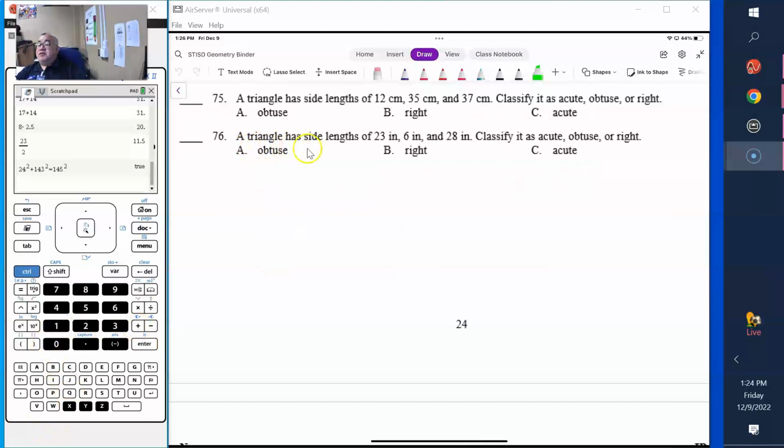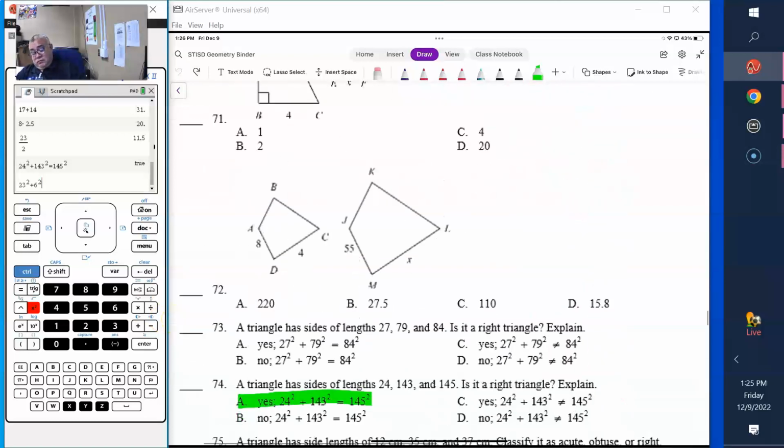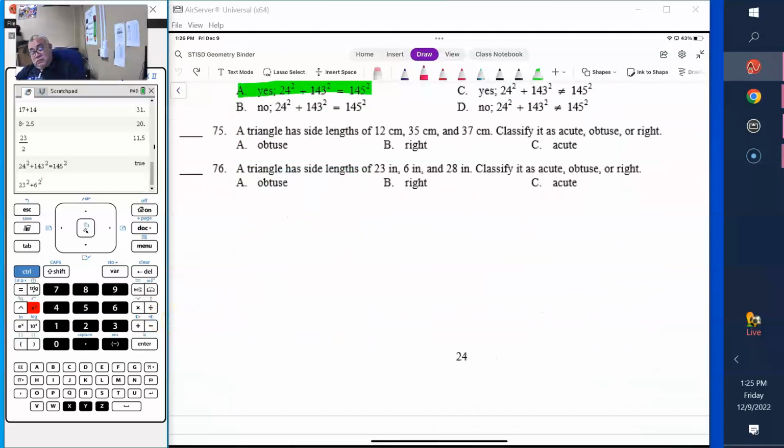A triangle has side lengths of 23, 6, and 28. Classify as acute, obtuse, or right. So we have 23 squared plus 6 squared. That's 565.